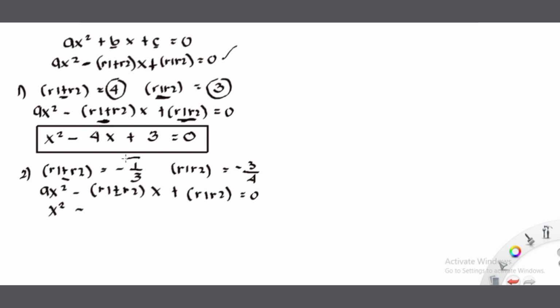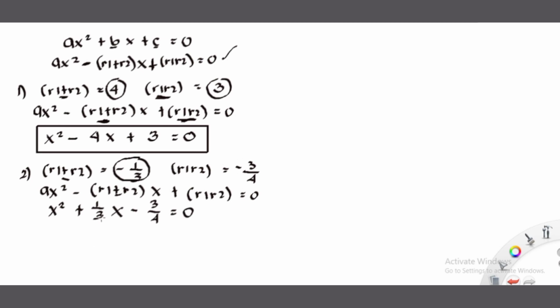Itong sum natin, 1/3. Negative times negative 1/3, so positive na siya. Plus 1/3 x from the formula plus the product. The product is negative 3/4. So, instead of putting plus here, because positive times negative 3/4 is negative pa rin, diba? So, minus na tayo. Minus 3/4 equals 0.